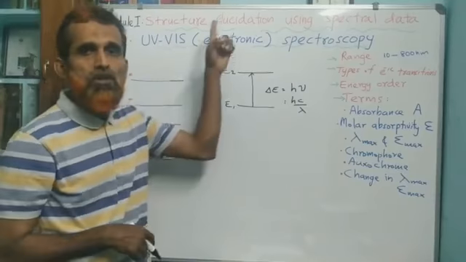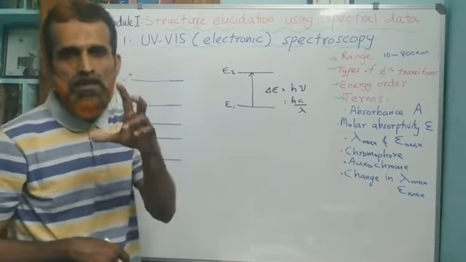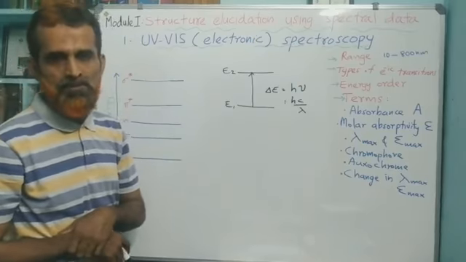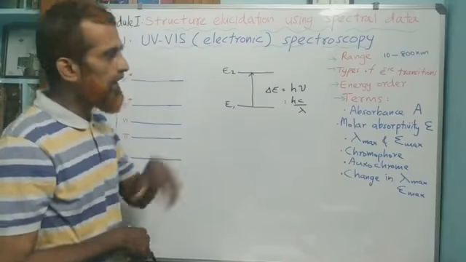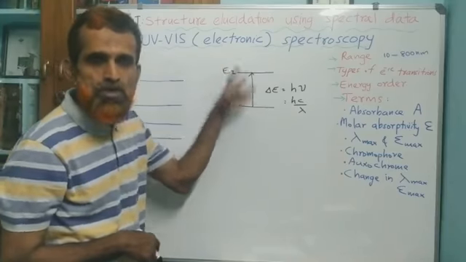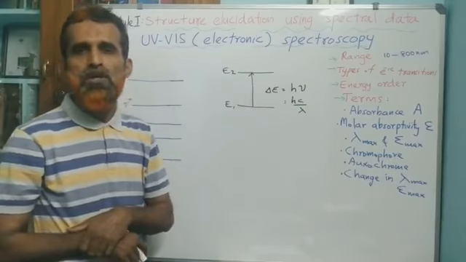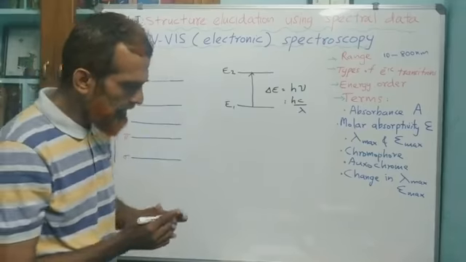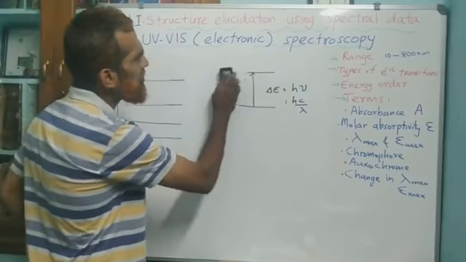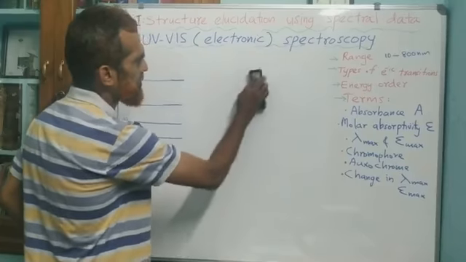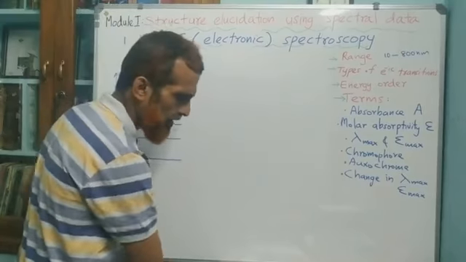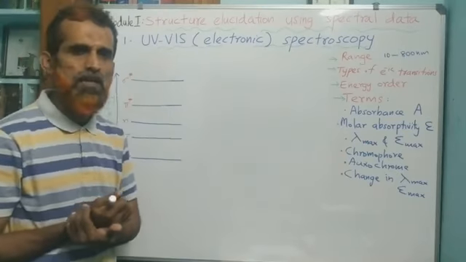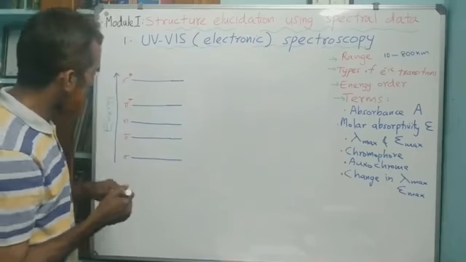Here, for electronic transition, a molecule requires UV or visible radiation because the energy gap between 2 electronic levels corresponds to the wavelength or frequency of UV visible radiation. Now, coming to the electronic spectroscopy, you might have learned about the basic principles. I will just make a recap of all this.